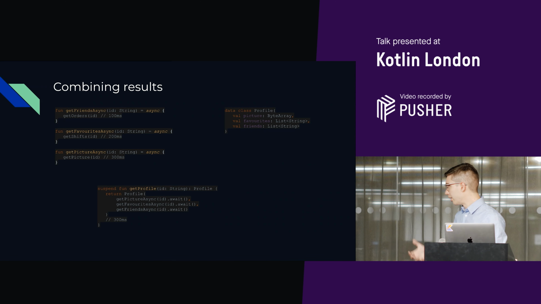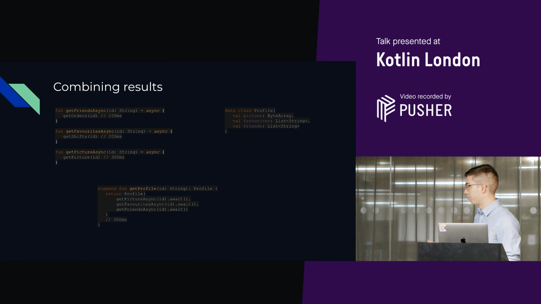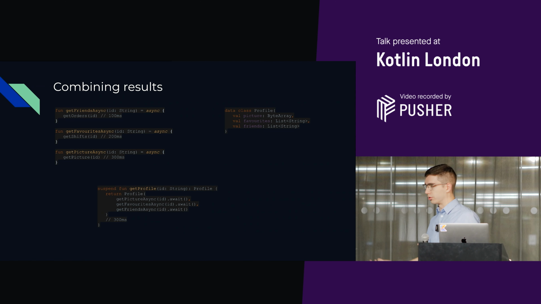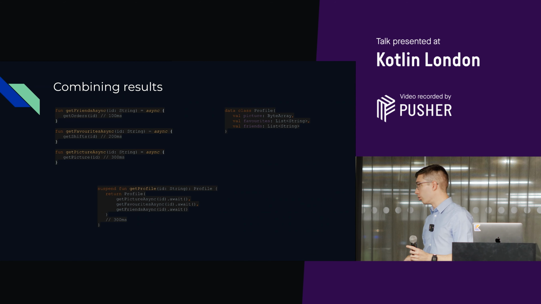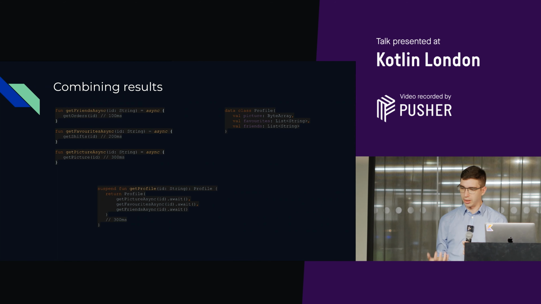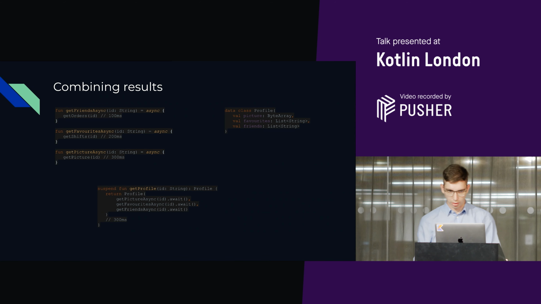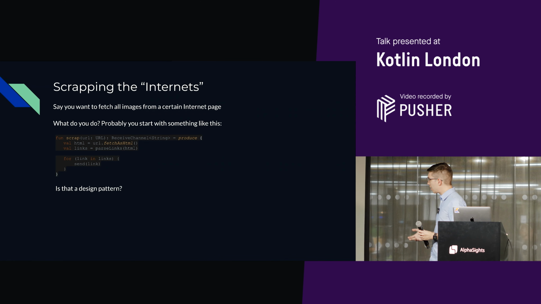So sometimes here it's an object that you would have created anyway, like this function obviously returns the profile. But in some other cases, you may have created this data class only for the purpose of synchronizing all of your coroutines.